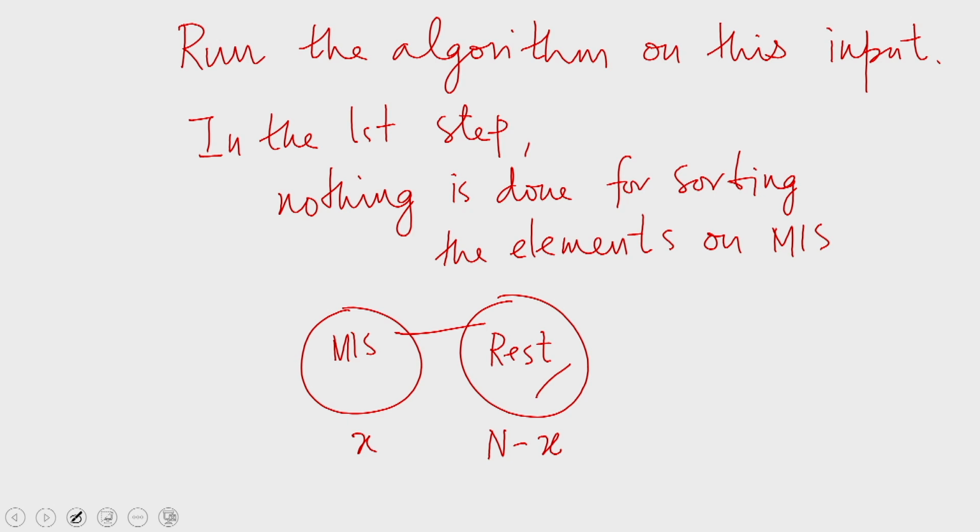Now, how many such edges could there be? The number of edges between the maximal independent set vertices and the rest should be at least n minus x. Why is that?